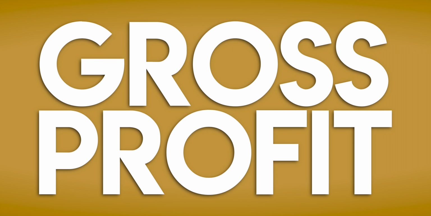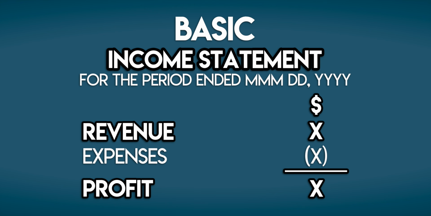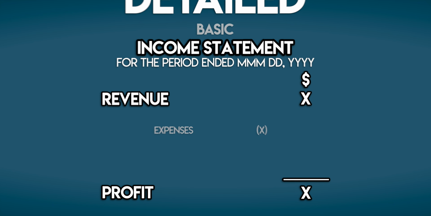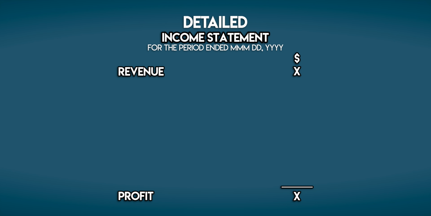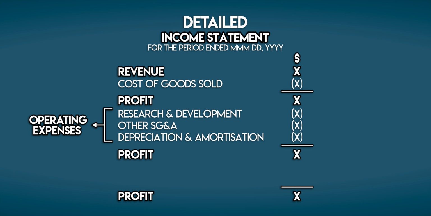Now, how does gross profit fit into all of this? Let's jump back to the income statement. This one's very compressed. In reality, businesses split out their expenses into a few different buckets. First, we take away the direct cost of sales. Then all the indirect operating costs like research and development, selling, general and administrative expenses, depreciation and amortization.